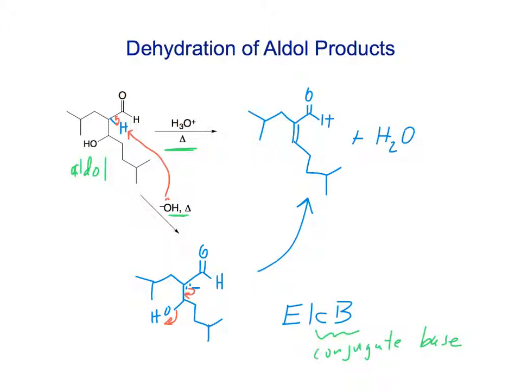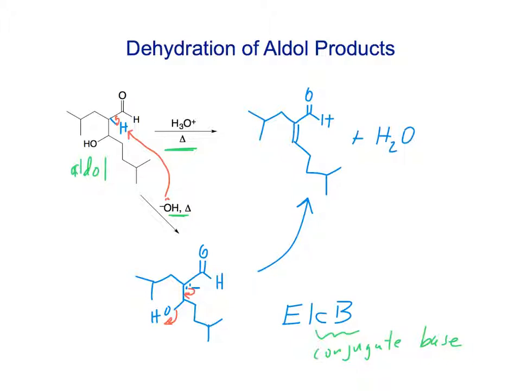I think what's hard to tell exactly is when your aldol reaction is going to go on and dehydrate. Our book says that if the side chain has a benzene ring, adding conjugation to the new double bond, then it's always going to dehydrate.